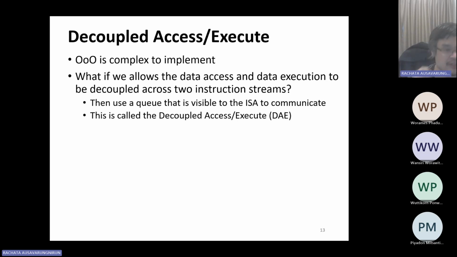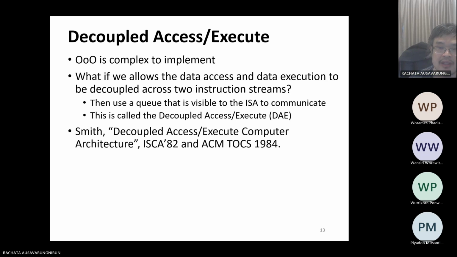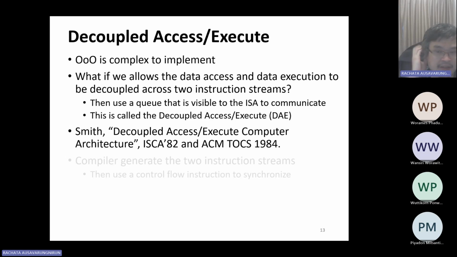The first stream is just instructions that do computation. And the second stream is the instructions that just access data. So you have the access stream and the execute stream. This is a paper proposed in the 80s, and it's there to address the overhead of basic out-of-order scheduling, to make it cheaper, right?